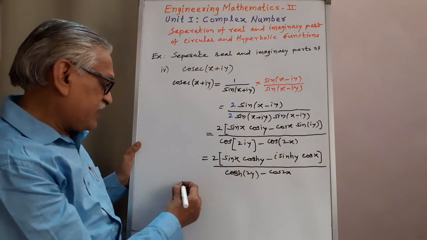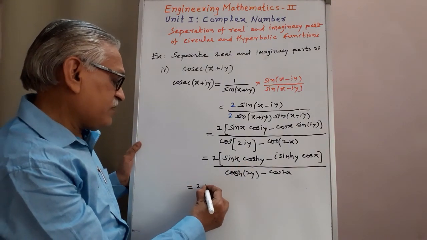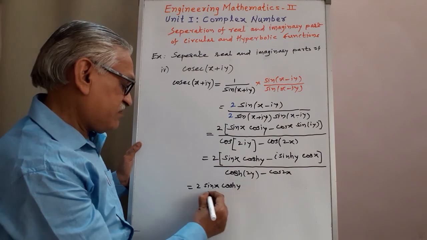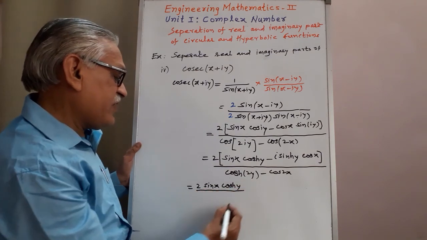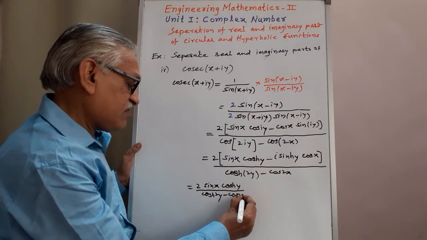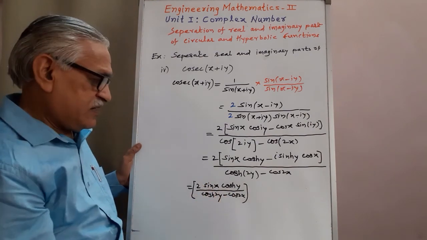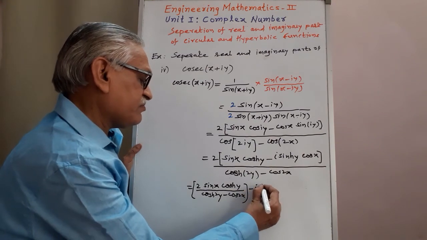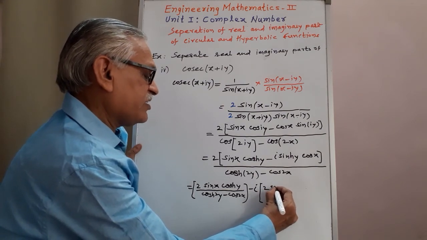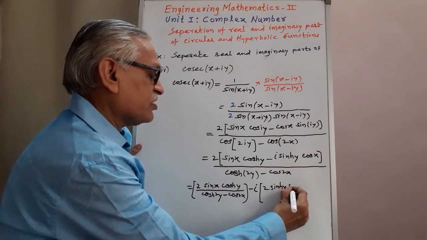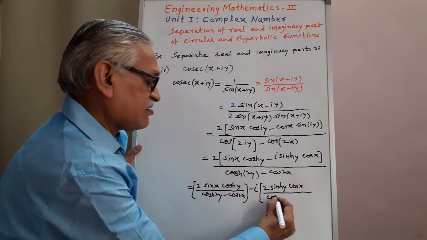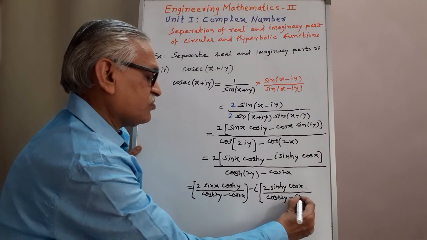taking separate division, we get the real part as 2 times sin x cos hy divided by cos h2y minus cos 2x as a real part, and minus I times 2 times sin hy cos x divided by cos h2y minus cos of 2x.